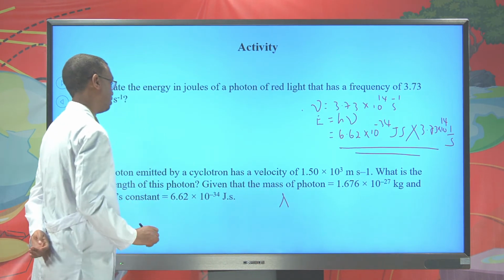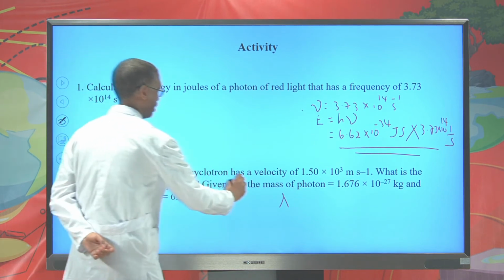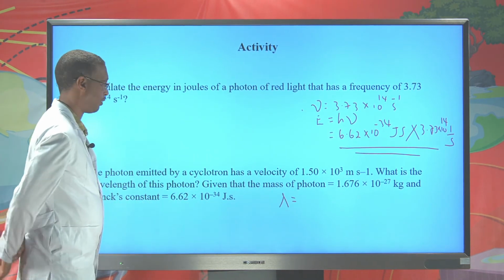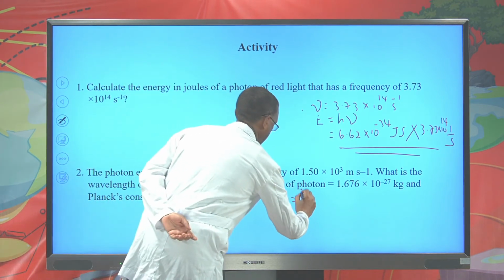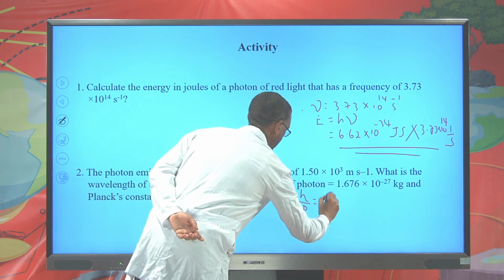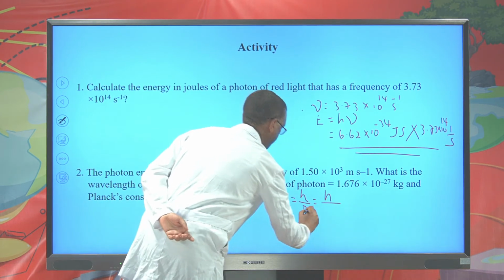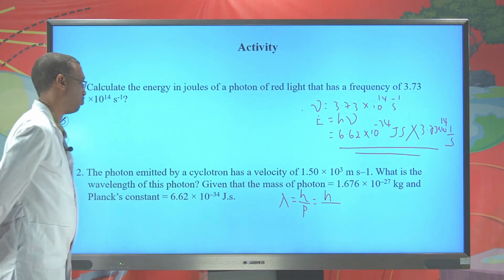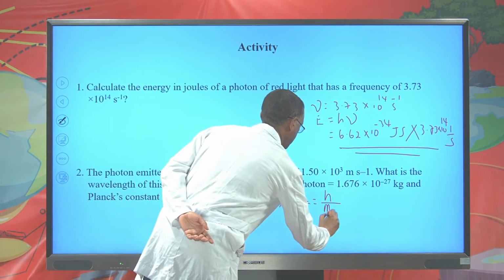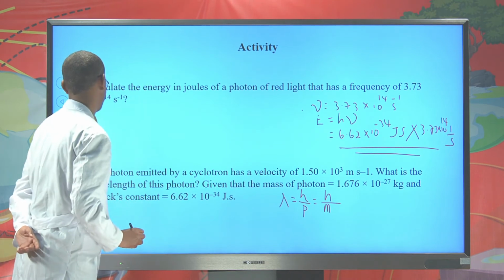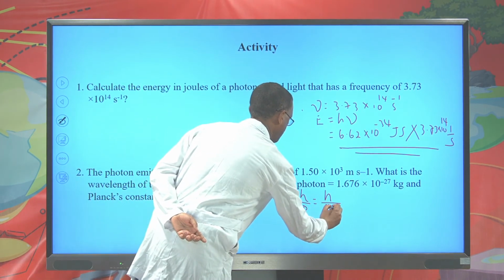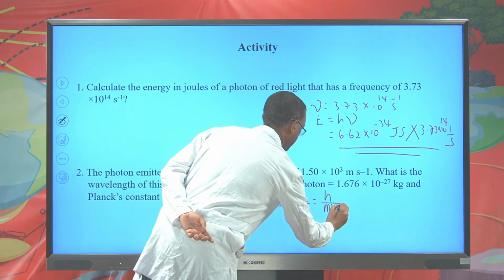What is the wavelength? From the de Broglie wave, lambda is equal to h over p. h is a Planck constant, p is a momentum. So momentum means simply the product of the mass of the photon times the velocity.